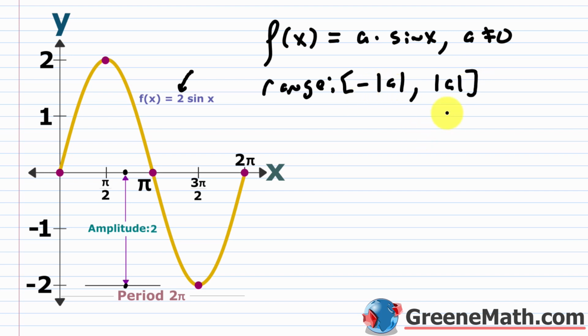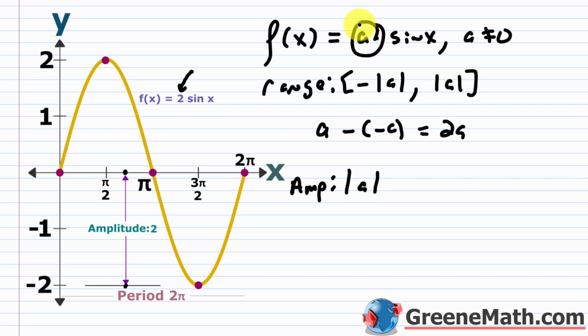So let's just go ahead and say the maximum y value is going to be the absolute value of a. So a minus a negative a is going to be 2a, and if I half that, I just get a. And of course, we're going to use absolute value bars just to account for the fact that this could be positive, it could be negative. So your amplitude, I'm just going to put AMP, is always found as the absolute value of a.